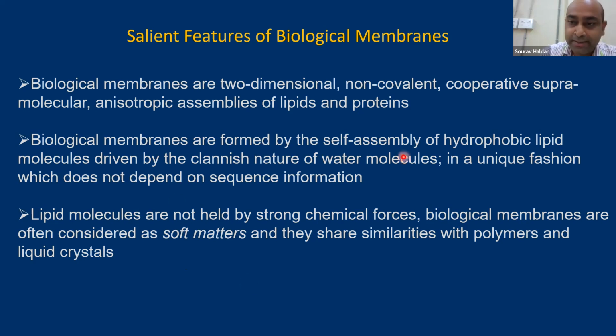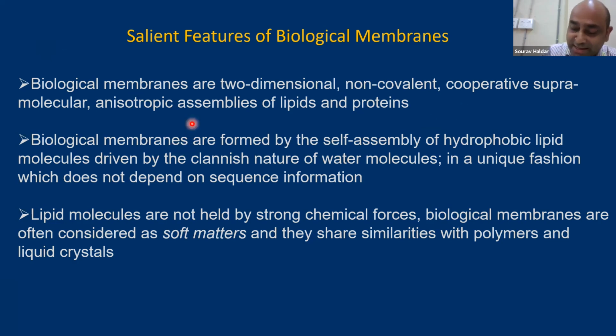Then it is cooperative, because if we introduce a change in one part of the membrane, that is felt in the other part because of the dynamic nature of the water molecules and the lipid molecules, because things move within the plane of the membrane by simple diffusion, right? So that's why it is called a cooperative molecular assembly.